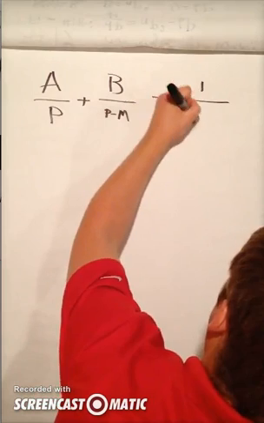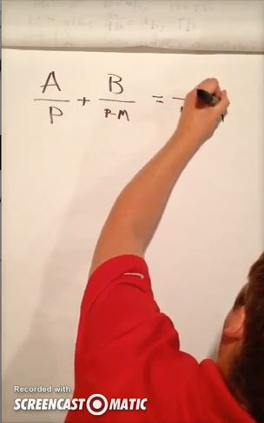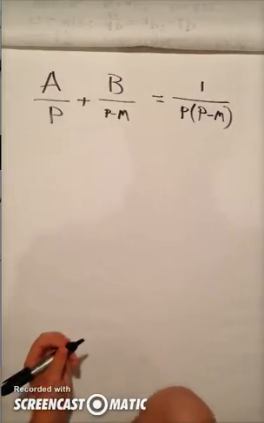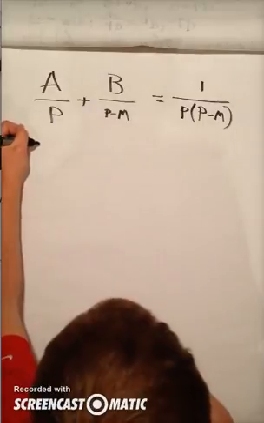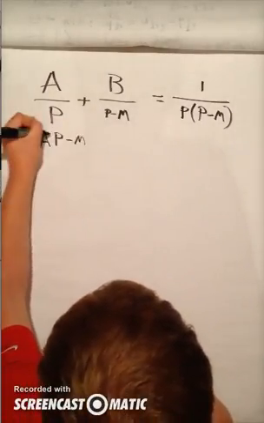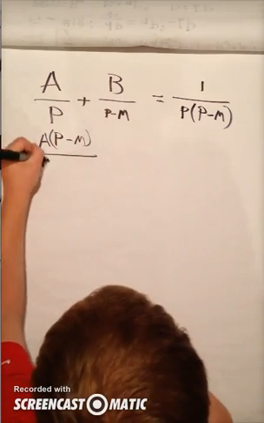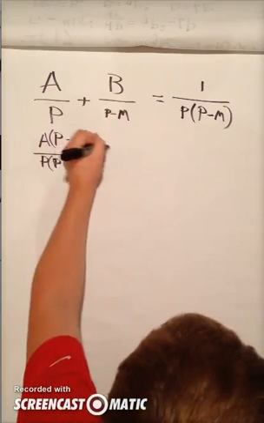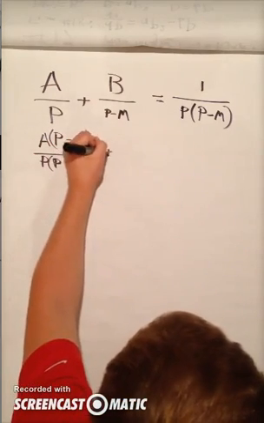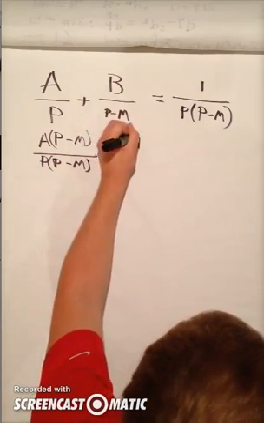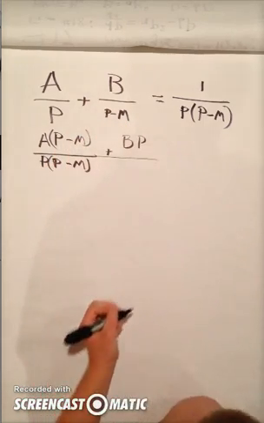Now we need to get a common denominator. To do that, we multiply. We will have A times (P minus M) over P times (P minus M), plus B times P over the same denominator.